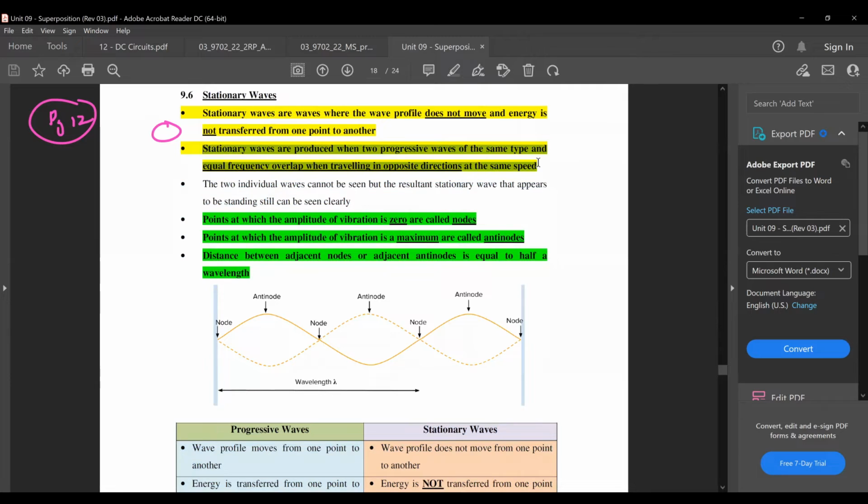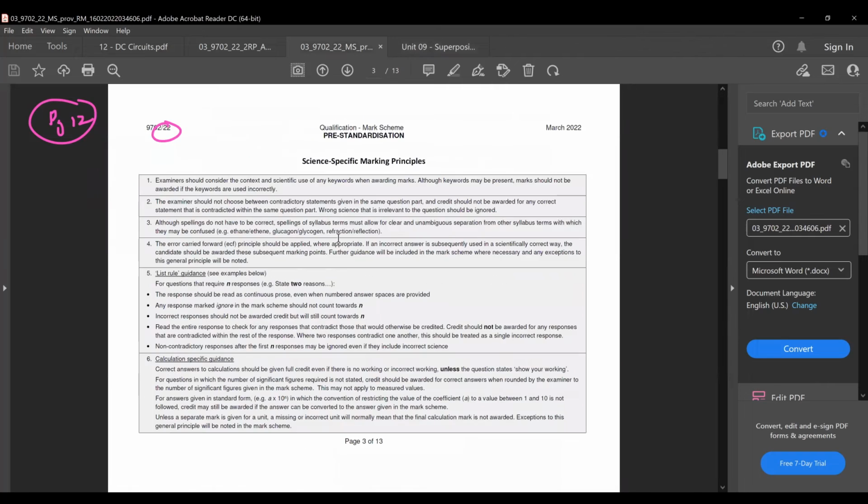Stationary waves are produced when two progressive waves of the same type and equal frequency overlap when traveling in opposite directions at the same speed. But we can also double check with the marking scheme to see what they want.